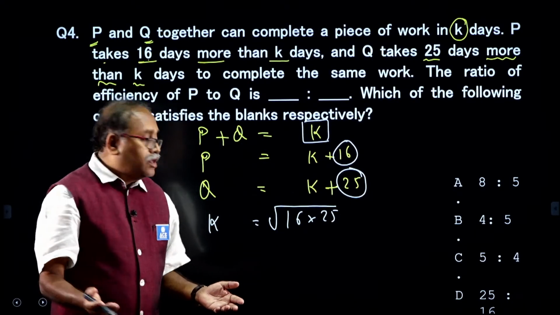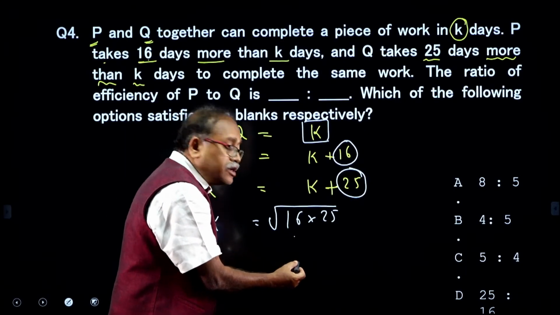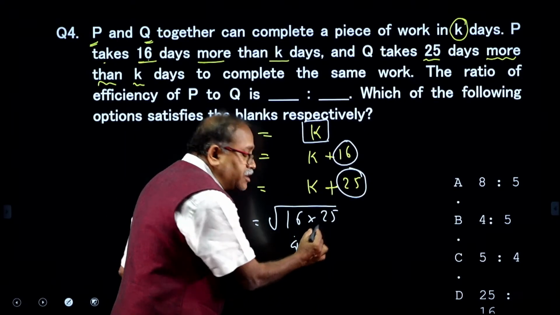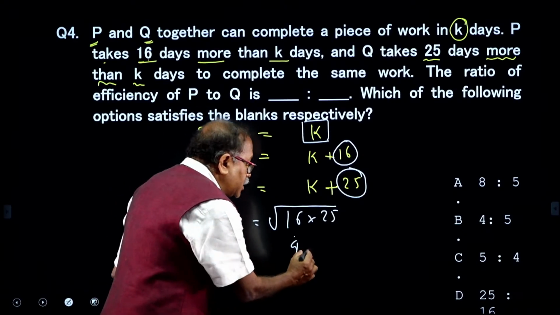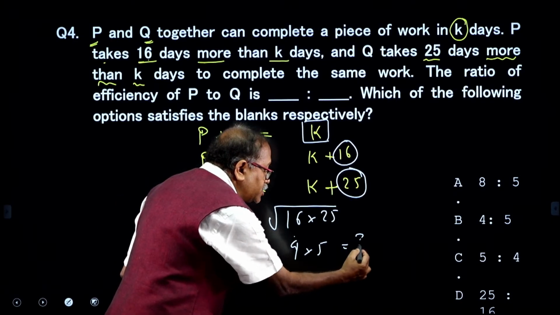So, take the 16 out of the square root, you get 4, take the 25 out of the square root and you get 5. So, k is equal to 20.